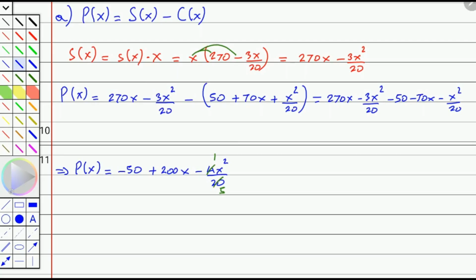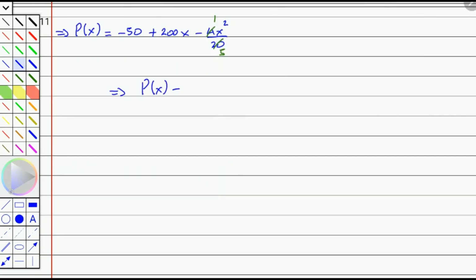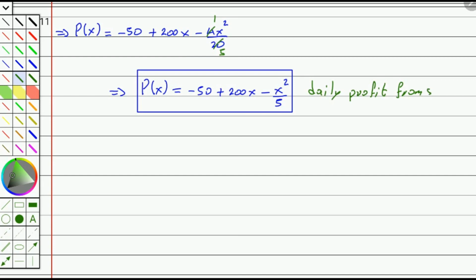So let's tidy this up a bit. P of x is going to be minus 50 plus 200x minus x squared over 5. And this is going to be the daily profit from selling x tons of cement.